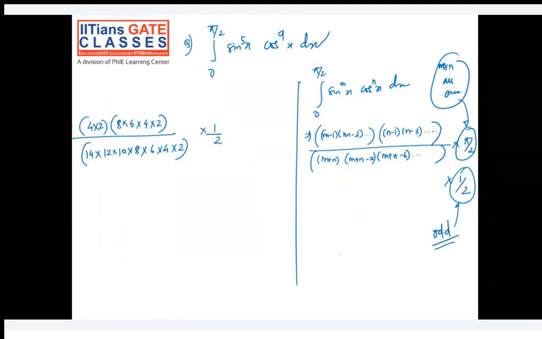If any one of them is odd, then it's 1. If m is even but n is odd, or n is odd and m is even, or both of them are odd, in that case it's 1.